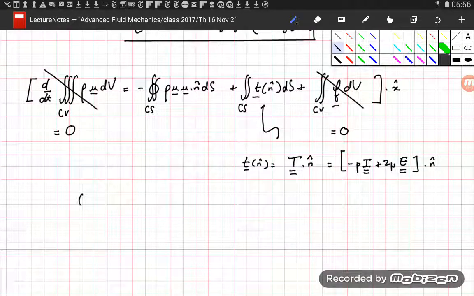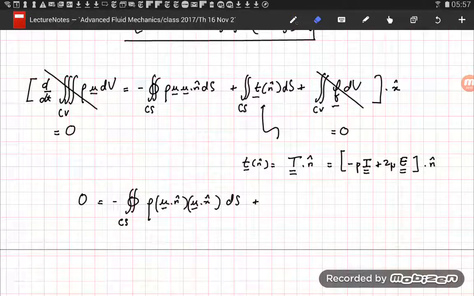Now if we do that, then if you write this, I have 0 equals minus integral along the control surface of rho. This is a scalar, u dot n is a scalar, u dot n, and I have the vector u, which I dot with x, so this is u dot n, u dot x, ds.